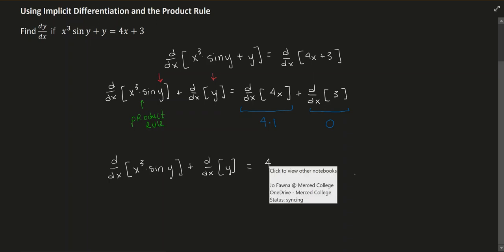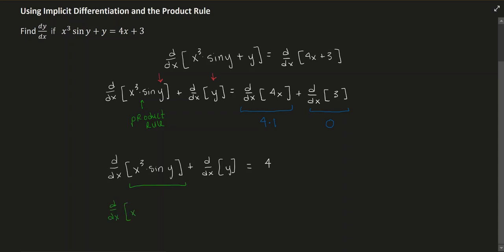Now applying our product rule to this first term, the x cubed times sine y, I'm going to write that out step by step. So derivative of the first function, that's x cubed, multiply the second function, sine y, plus our first function times the derivative of our second function.